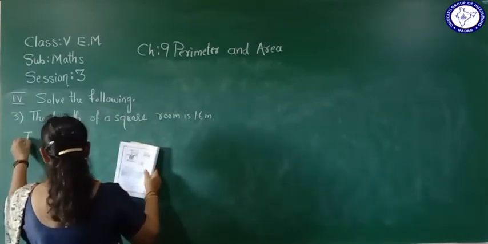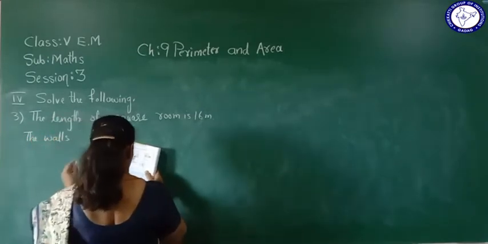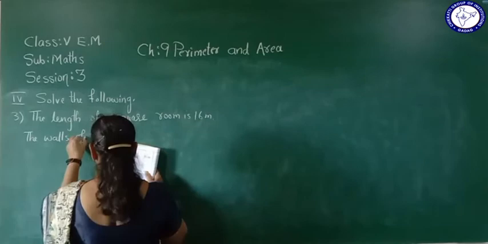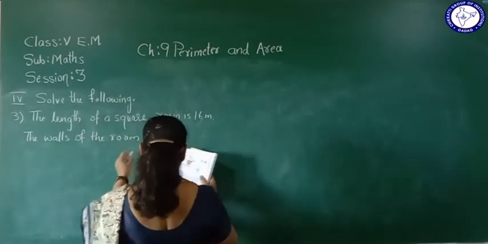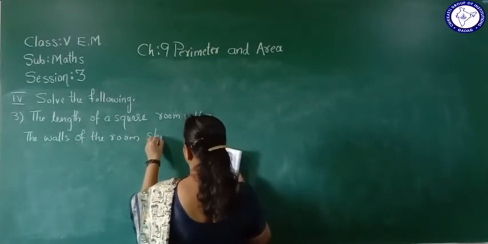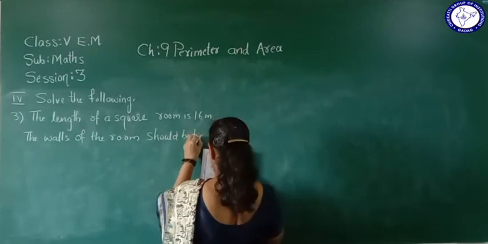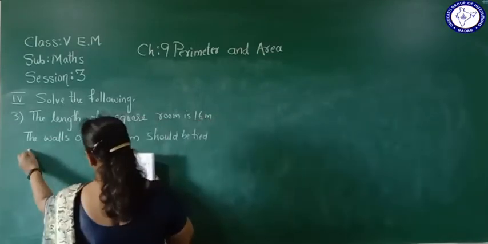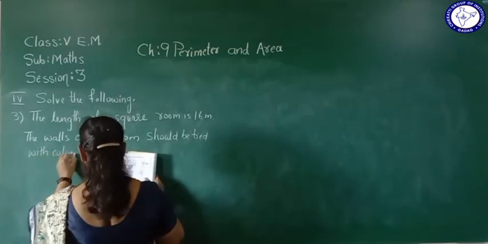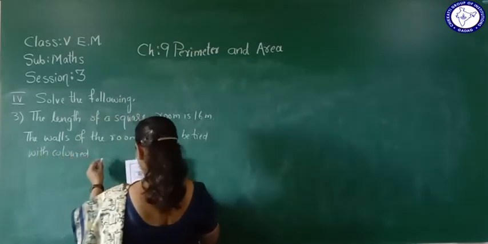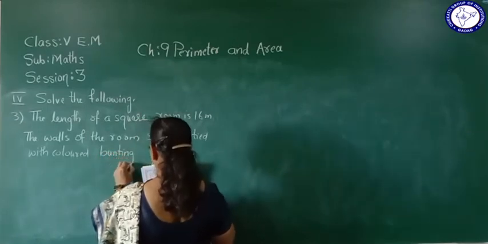The walls of the room should be tied with colored buntings 4 times.